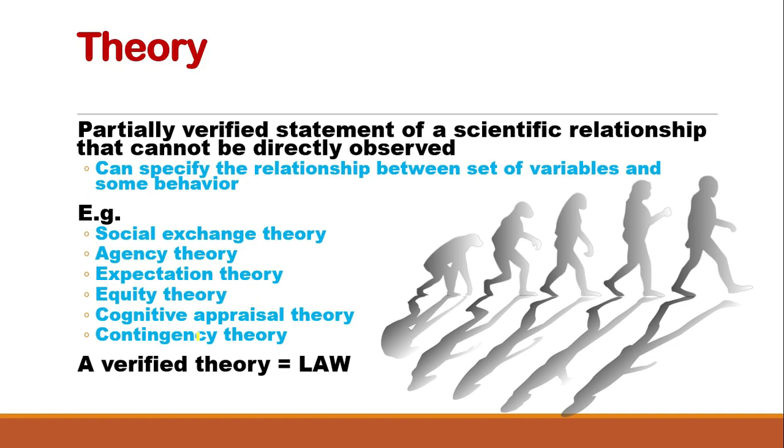These propositions attempt to specify the relationship between different variables, or perhaps the relationship between a set of variables and some behaviors. When a theory is verified to an extent that it cannot be refuted or it has been substantially verified, it becomes a law.